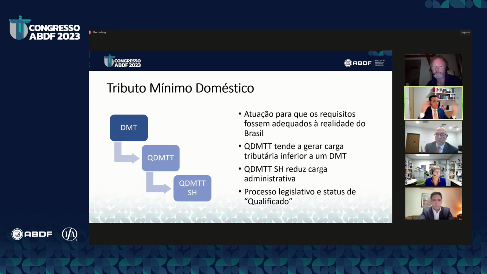Entretanto, a legislação comercial exige que ela mantenha contabilidade. Então, nós conseguimos convencer os demais delegados e o secretariado de que o caso brasileiro do lucro presumido também poderia se enquadrar ali, poderia ser um requisito a ser atendido dentro do QDMTT Safe Harbor.